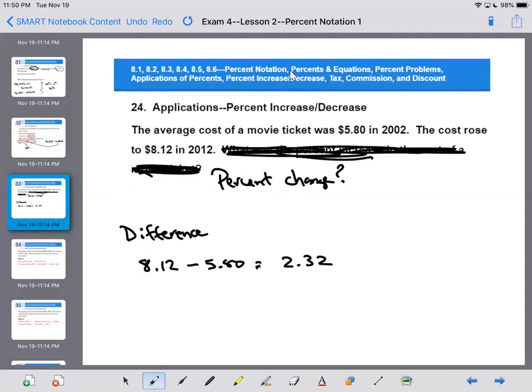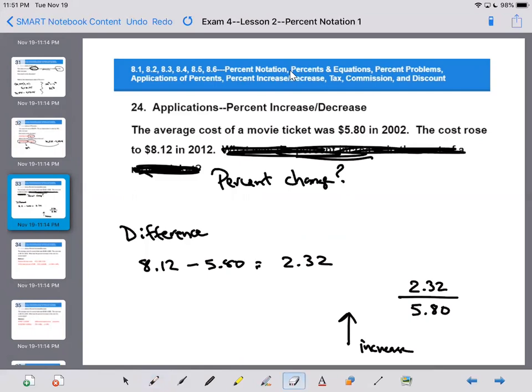What we want to compare that to is some amount that's a percent, but that percent has to be taken from what it changed from. It changed from $5.80 to $8.12. That is obviously a percent increase.